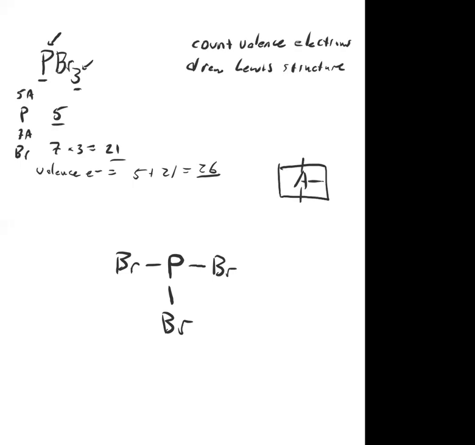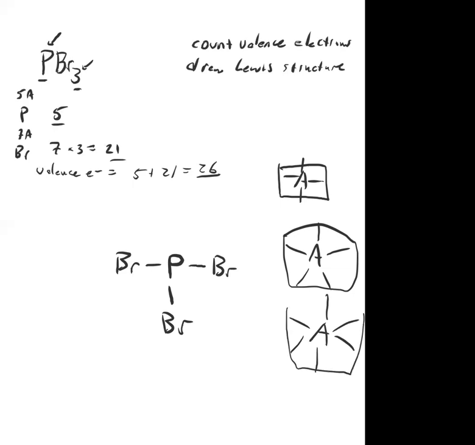If you had 4 atoms, you would do it like that. If you have 5 atoms, then typically people will do it sort of like a pentagon. And if you have 6, which does happen, then you do it like that.